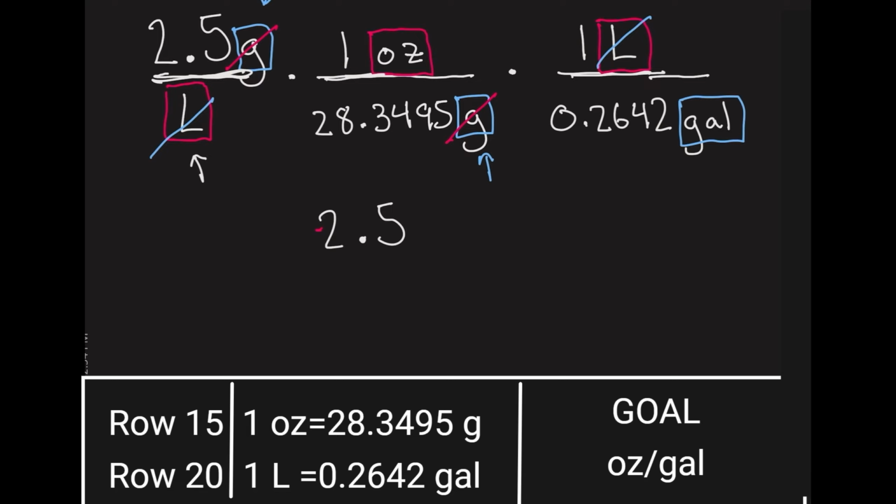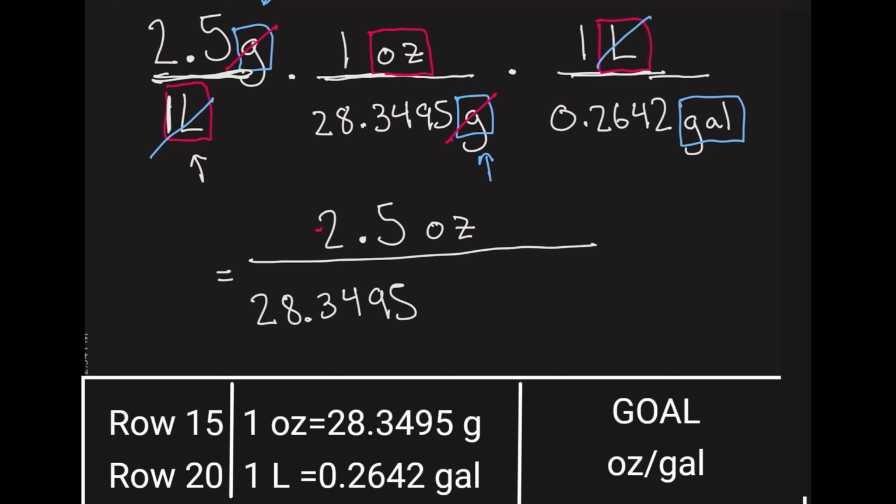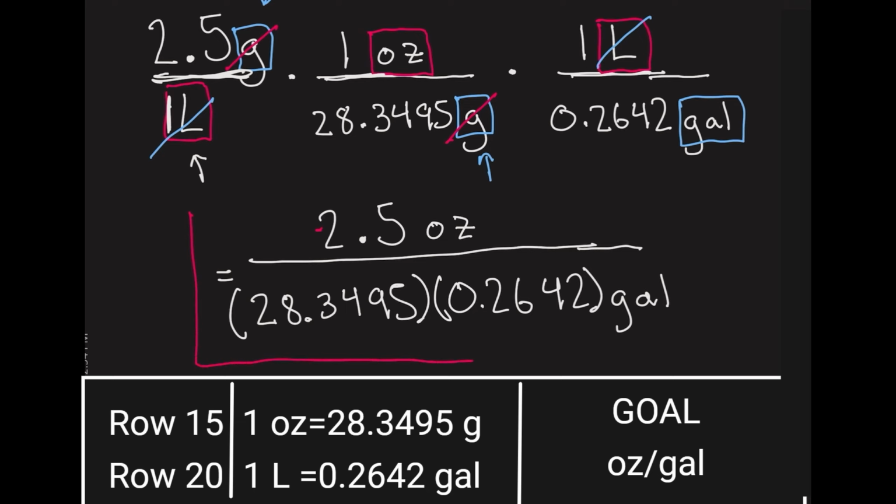Don't forget about the units, ounces. Divided by, this is technically 1 liter times 28.3495 times 0.2642 gallons. Perfect.